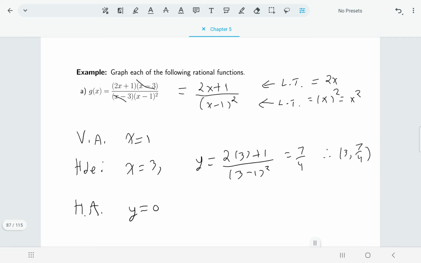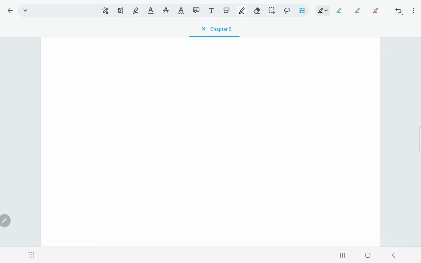Okay, so back to our function again. We've got most of the information we need. The only things that are left are to figure out x-intercepts and y-intercepts, and then looking at if we need any extra points, and then going ahead and graphing. So to start with, the y-intercept part of things is easy enough. For y-intercepts, this is where we let the x value be 0.